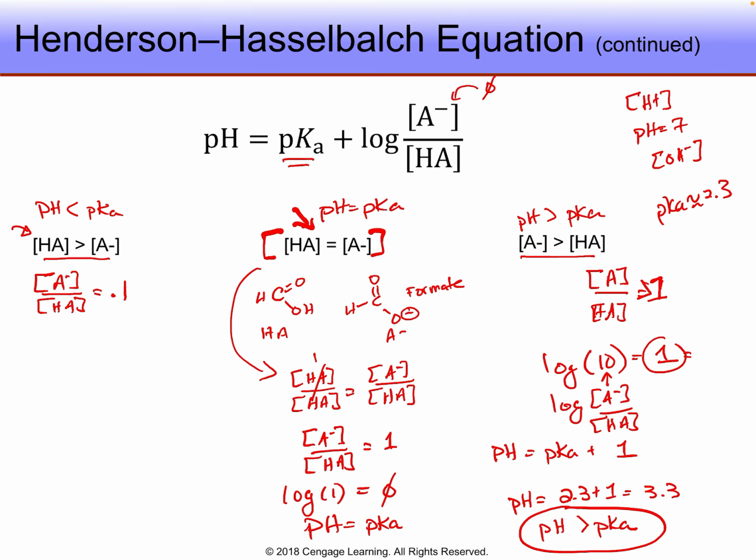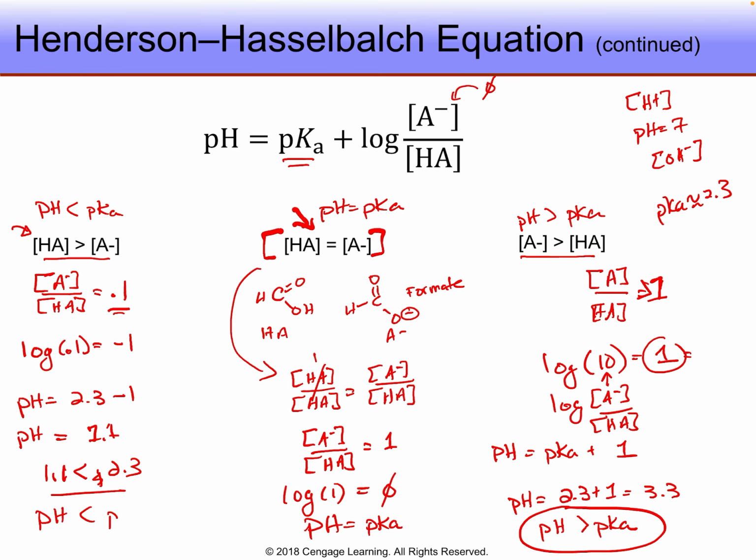Just for example, I've gone the opposite direction before. And anytime you take the log of something that's less than 1, the number is going to come out negative. And the log of this is -1. And so if I plug that into my Henderson-Hasselbalch equation, then my pH comes out to be 2.3 minus 1, or 1.3. That's my pH. And notice that 1.3 is less than 2.3. And so the pH is less than the pKa.